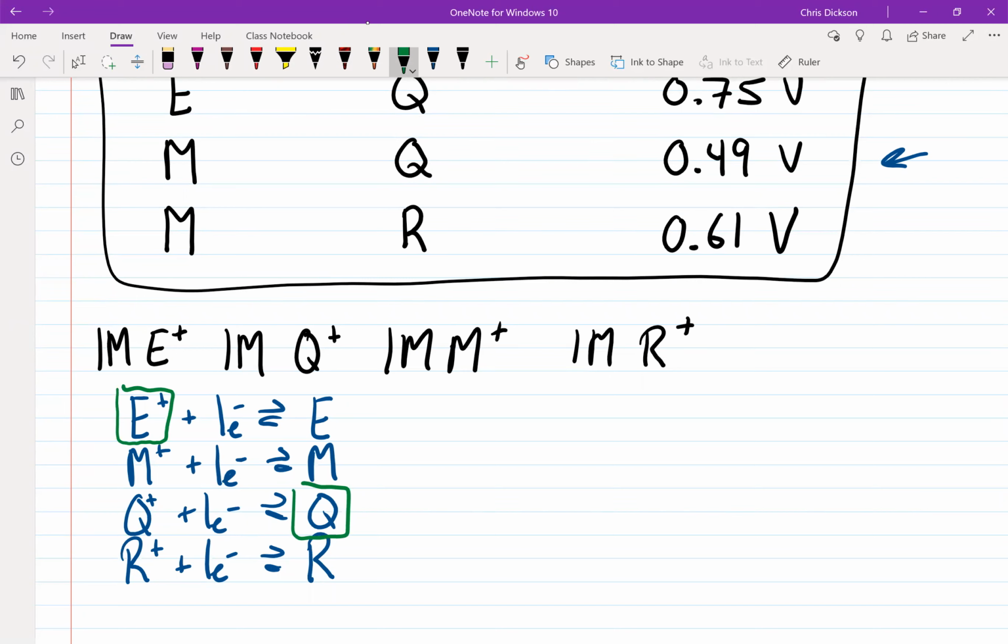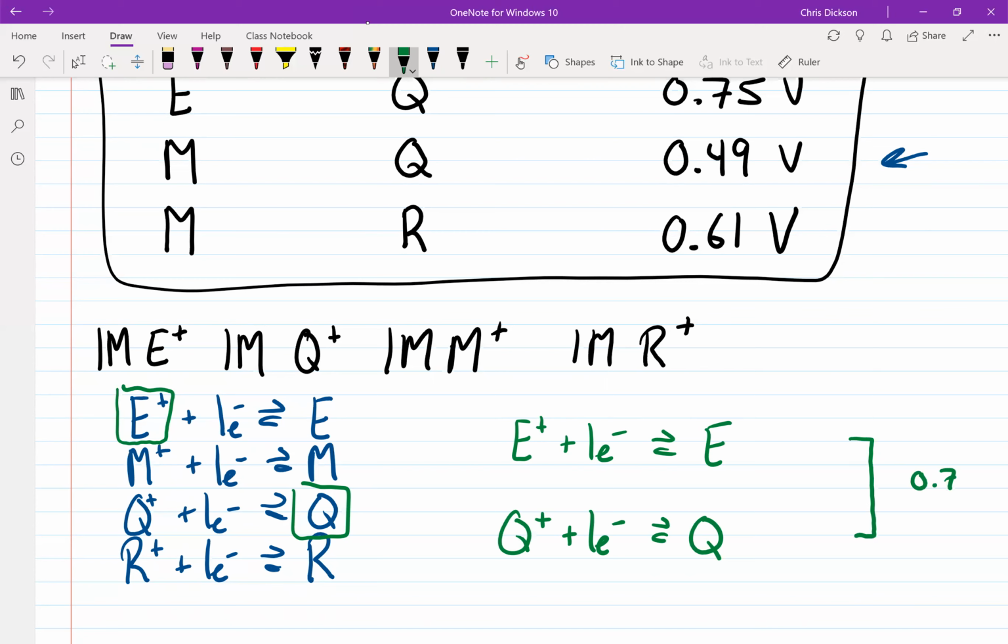If you put these two half cells together, E should undergo reduction and Q should undergo oxidation because it's a step down reaction. So I'm going to rewrite this over here, with the Q reaction below the E reaction. And that would be spontaneous. And also what I know is the voltage between them here is 0.75 volts.